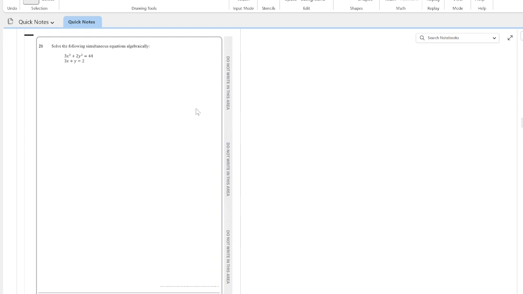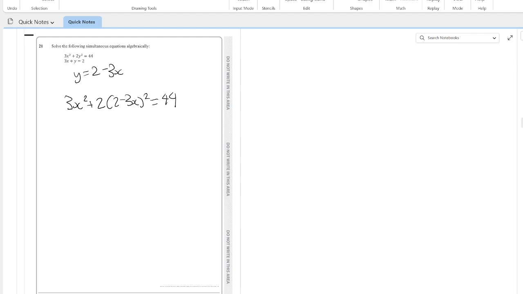Okay, so with these quadratic equations, you always want to be using a substitution. So here, if we use y equals 2 minus 3x, then we can substitute it into the above equation. And now this is good because we've literally just eliminated one of the variables.